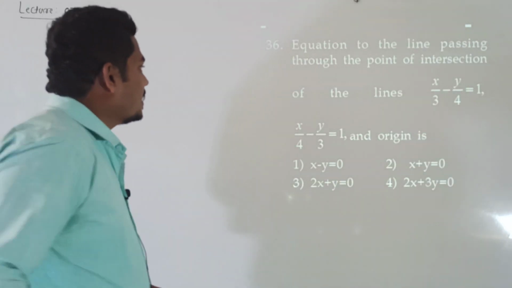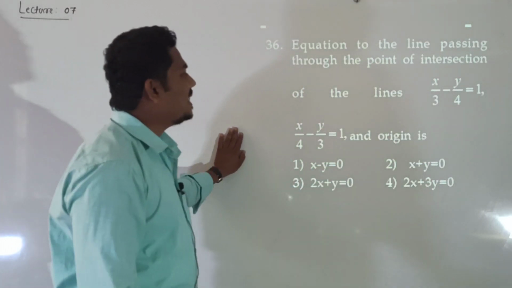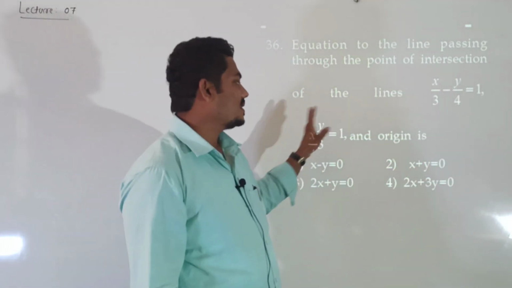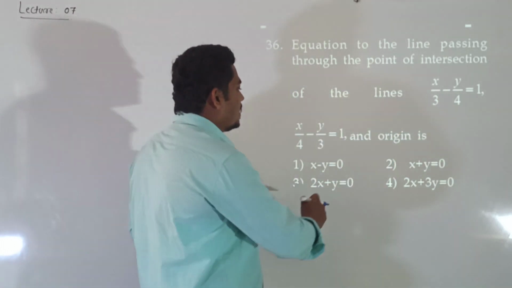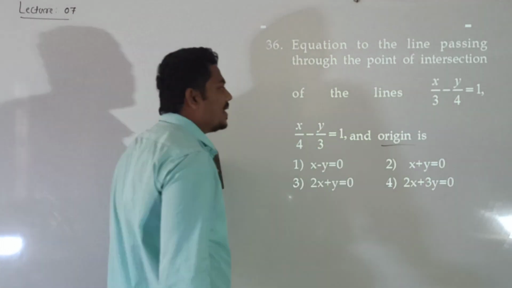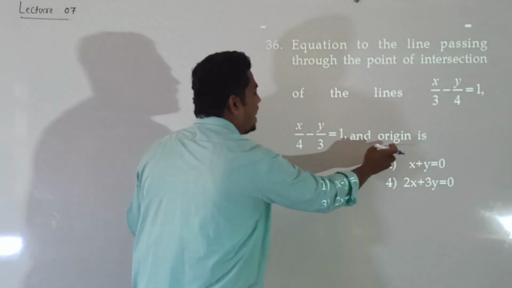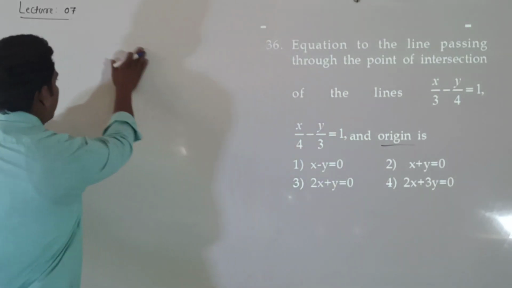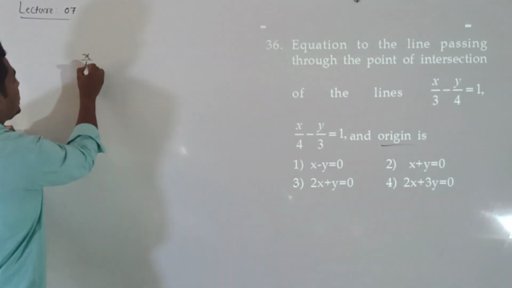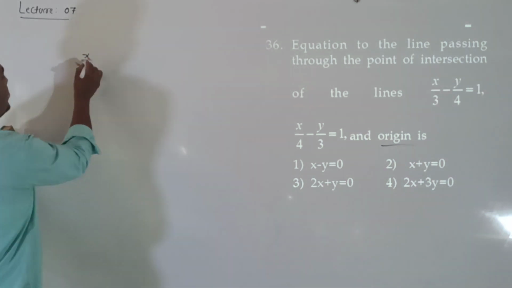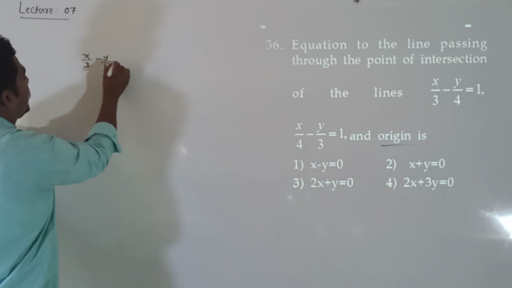Next, 36. Equation of the line passing through the intersection of these two lines and origin. Our required line passes through the intersection of these two lines and the origin. Point of intersection: x divided by 3 minus y divided by 4 is equal to 1.